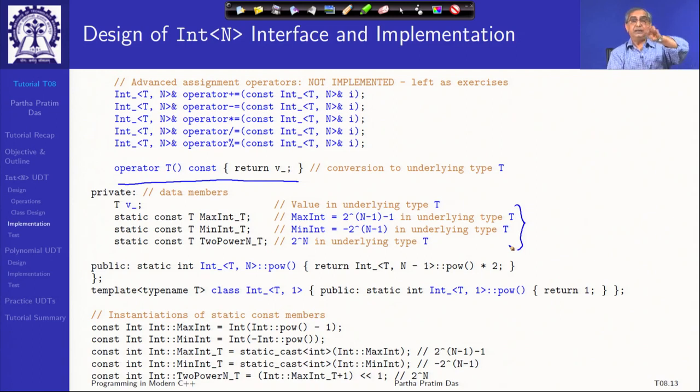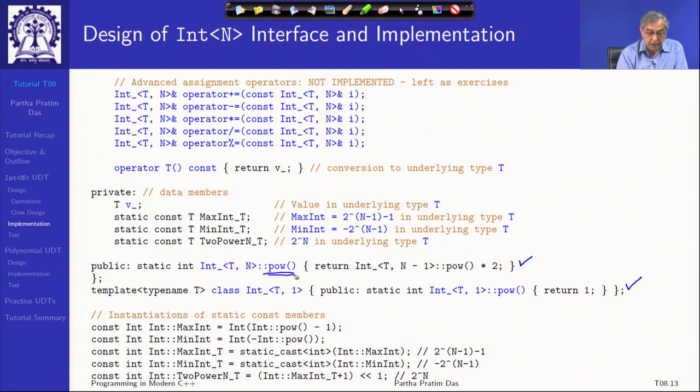So, there is a maxint which is my object, and there is the underlying value of maxint in the underlying type, that is, if my underlying type is int, a value is in that, because I will have to do the implementation computations in terms of that. Here I will need the computation of 2 to the power n. So, there is a nice illustration of a function template here, where a function pow is being used.